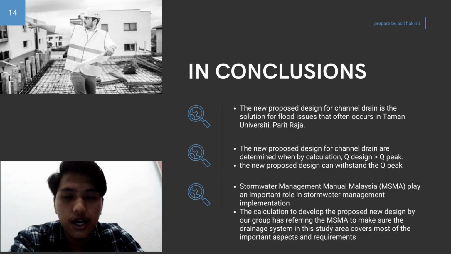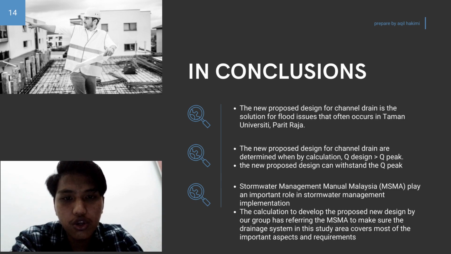Other than that, the advantage of the new proposed design is it can prevent water accumulation. The accumulated water can make the soil muddy, which can cause the soil to disintegrate. So the new drainage system can keep soil moisture regulated and also reduce soil erosion.